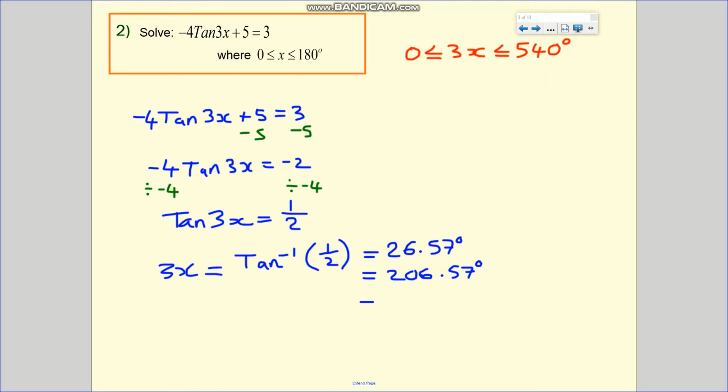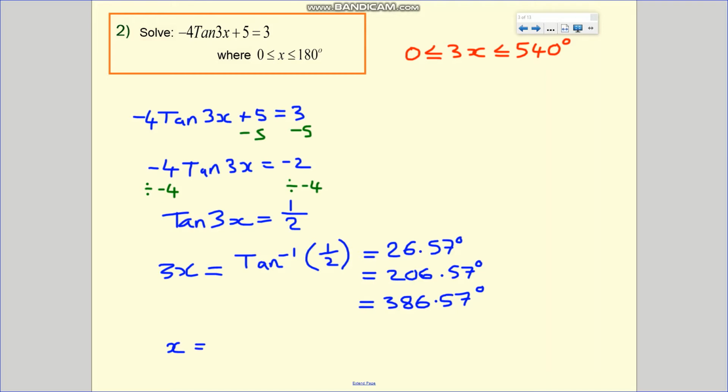Okay, and we'll get a third answer from the all quadrant the second time we go around the CAST diagram, so that's going to be 360 on from my original answer, which is 386.57. Alright, to get my final answer, x is just going to be all those numbers divided by 3.